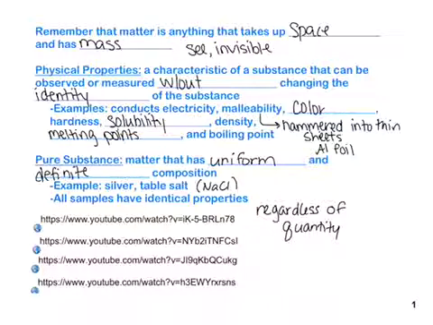So it doesn't matter how much table salt you have, it will always have a 1-to-1 ratio of Na to Cl, and all of its other characteristics, its solubility, as well as melting point, will all be the same regardless of if you have a teaspoon of salt or a tablespoon of salt.